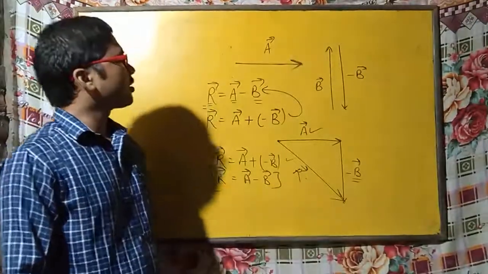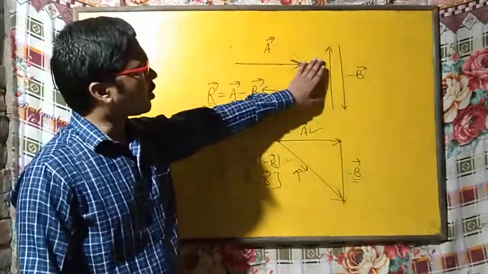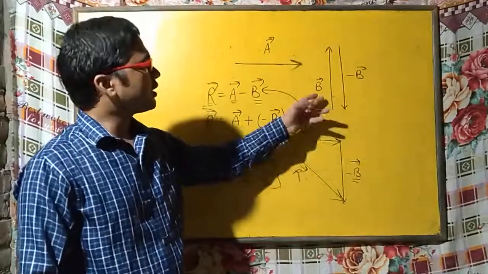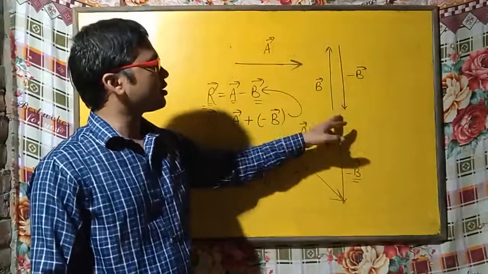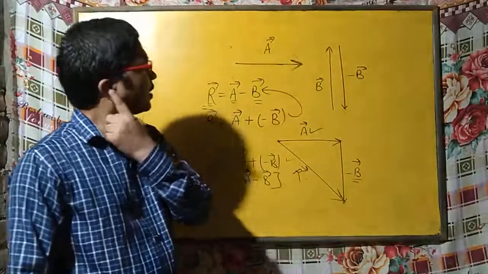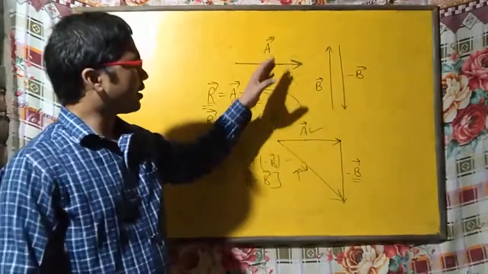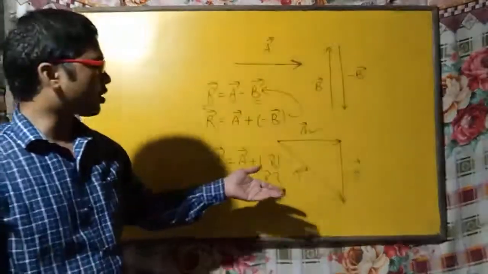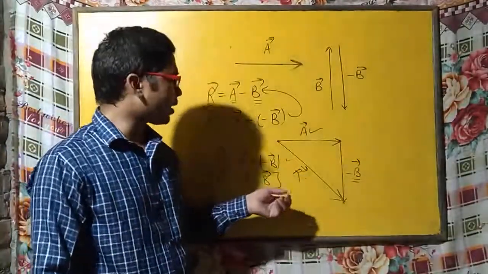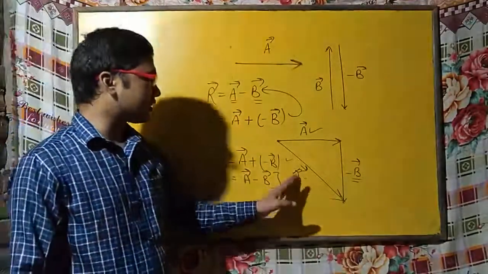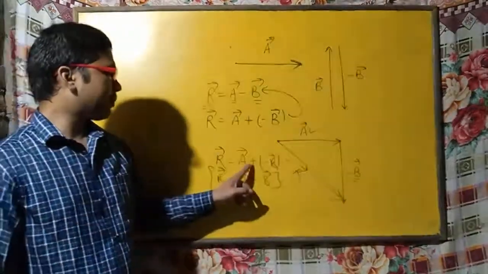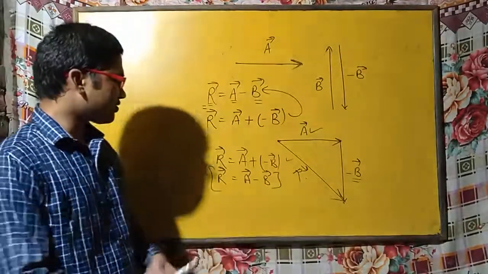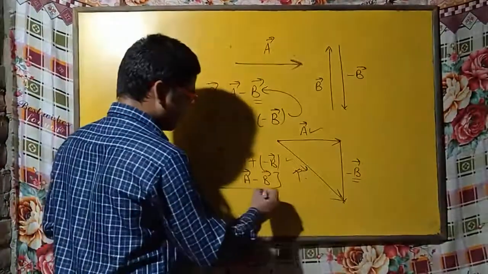You can draw a negative vector by using this simple rule: if this one is B, then exactly opposite vector of B is minus B. Now you add this minus B with A according to the vector addition rule, that is triangle law, or you can use parallelogram law of vectors. You can use both according to your choice, and you will get the resultant vector, that is R is equal to A plus minus B, and the result is A minus B. So this result gives you subtraction of the two vectors.